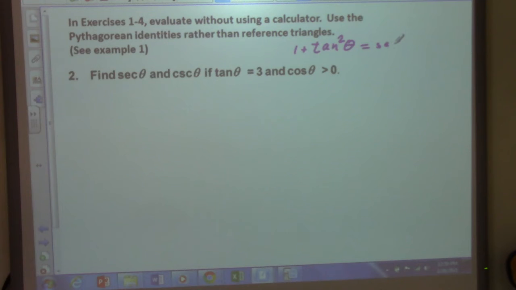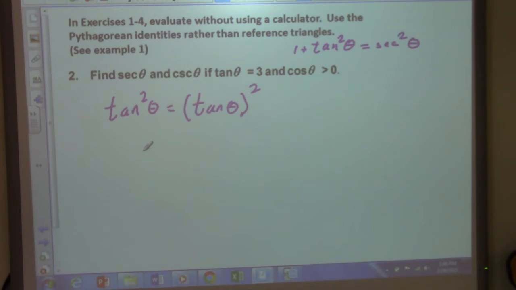And one thing I said yesterday is this notation: when you say tangent squared theta, what you really mean is that you're squaring the whole thing. This is just accepted notation for squaring the whole thing.